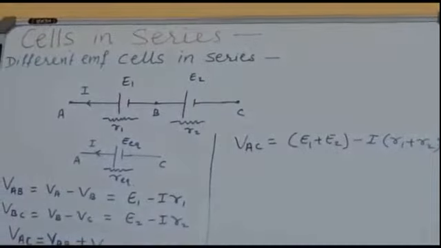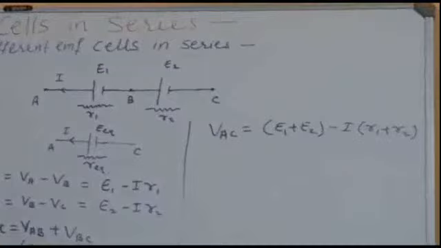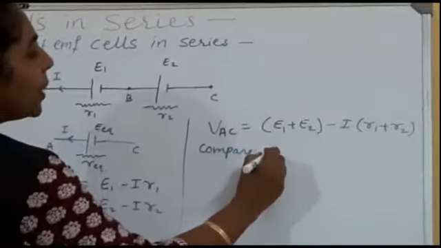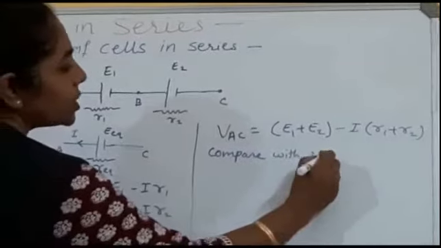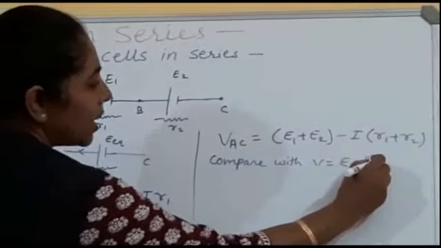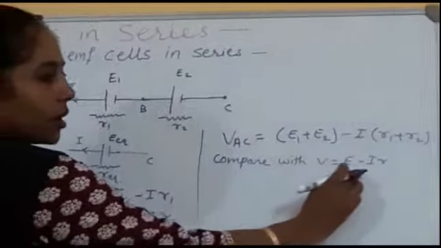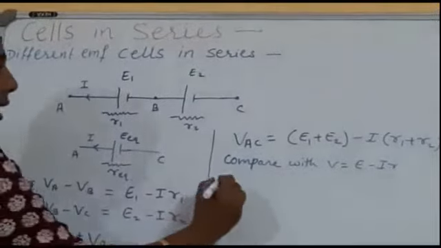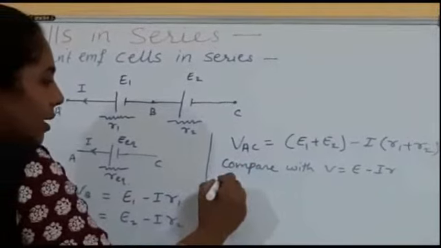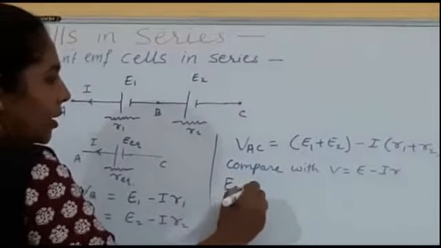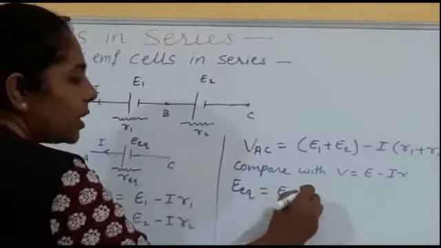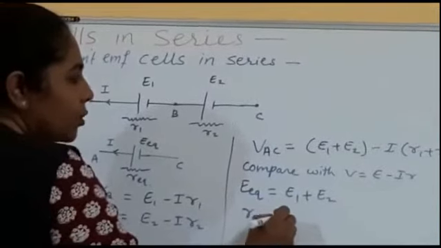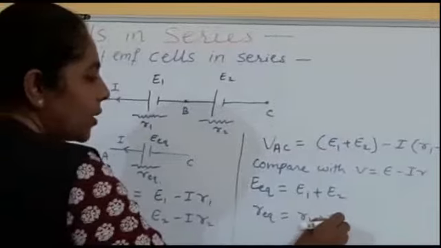So what we have done, we have simply rearranged it. Now compare this equation with V is equal to E minus Ir. So this equation I have written for AC. So we can say that E equivalent is equal to E1 plus E2 and r equivalent is equal to r1 plus r2.